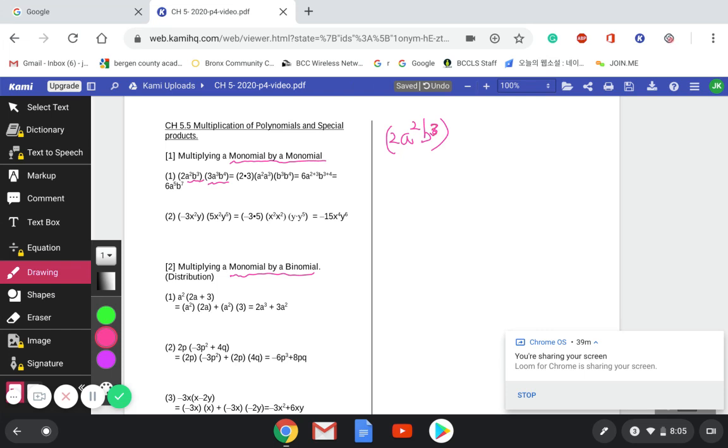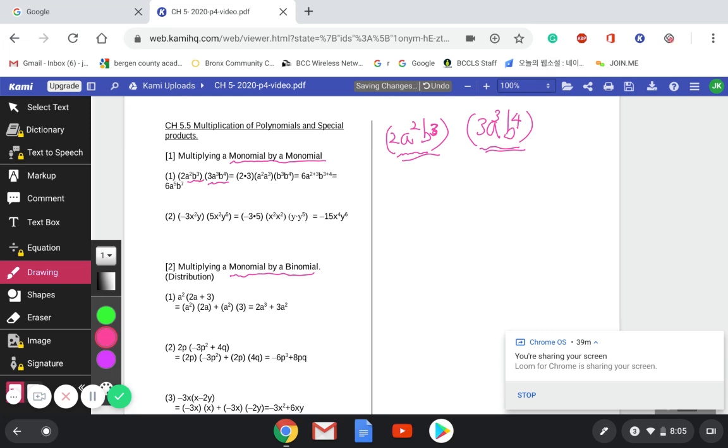You're multiplying this monomial by another monomial. This is another monomial because everything is connected with a multiplication or a division. Then it's monomial. No plus or minus operator. So it's monomial multiplied by monomial.